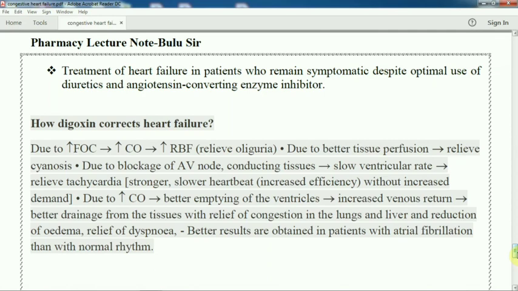As a result, the venous return increases, with relief of dyspnea and relief of edema. Better results are obtained in patients with atrial fibrillation than with normal rhythm. So this is congestive heart failure.